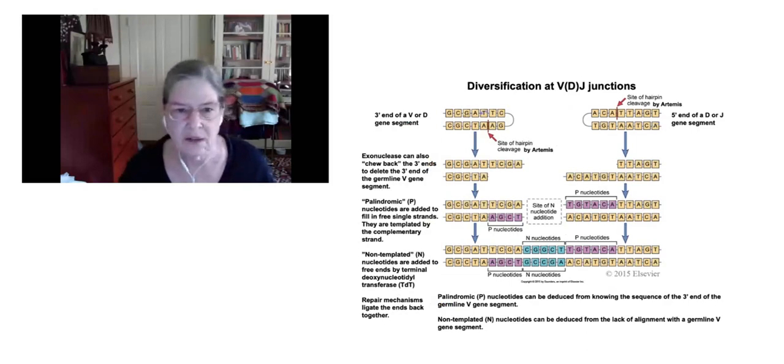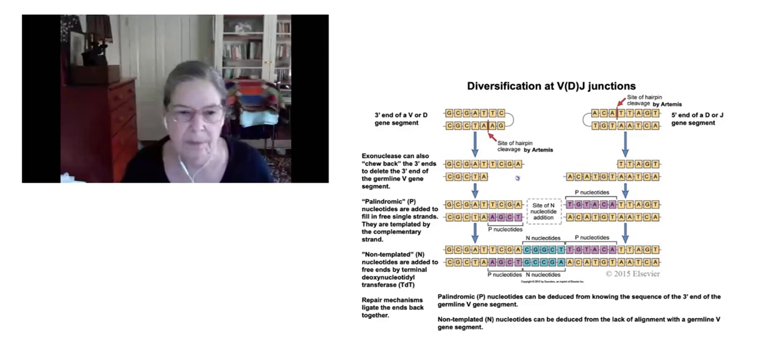So this is what it looks like. You get the 2 strands, so this is where the V gene is, and over here is where the J gene is. And it got clipped, and then it gets ligated, okay? And then if this guy gets clipped here, then these residues are going to flip out, see, like that. And if this guy gets clipped here, it's going to flip out like that, and then it's going to get filled in.